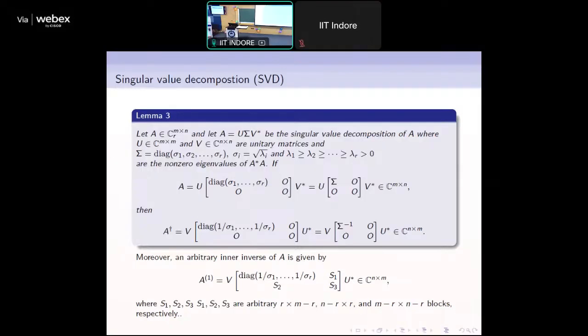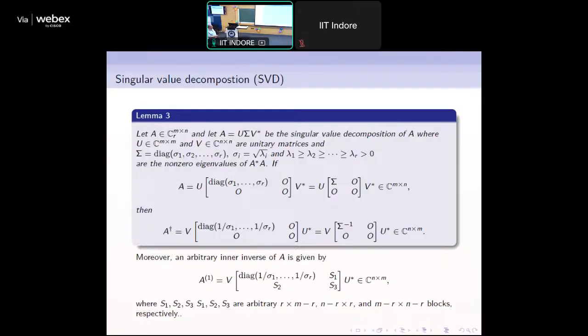Here is the first and very important usage of eigenvalues. If we consider eigenvalues of the matrix A star A, then we will obtain the singular values of the matrix. And after that, we can compute the so-called singular value decomposition of matrix A. Very important decomposition, appropriate for computing the Moore-Penrose inverse.